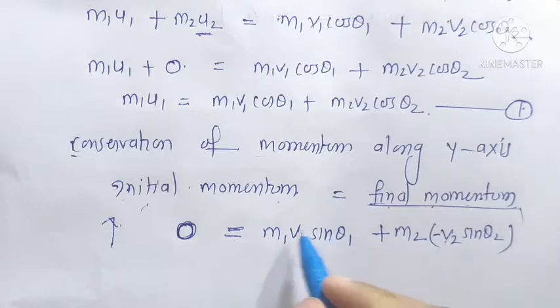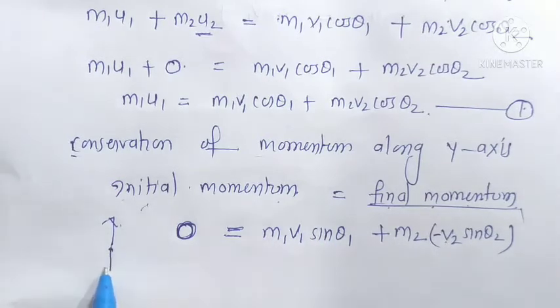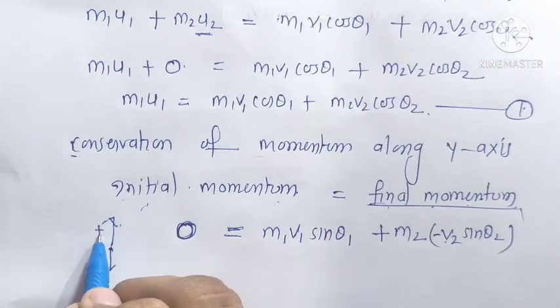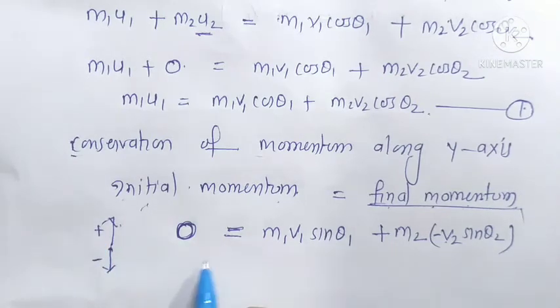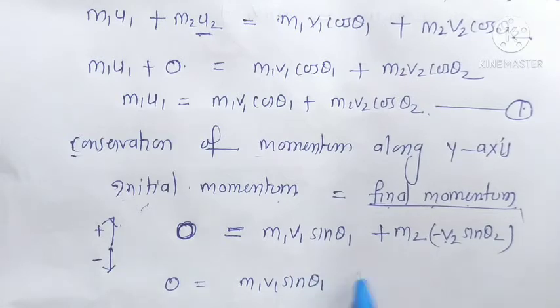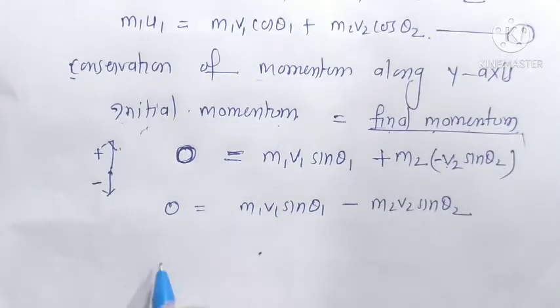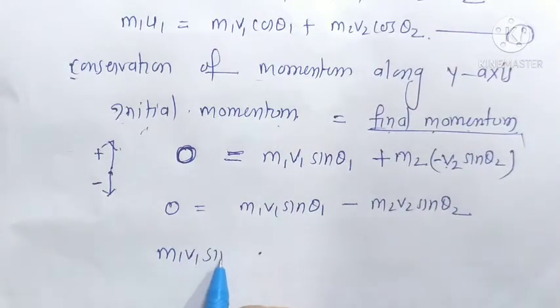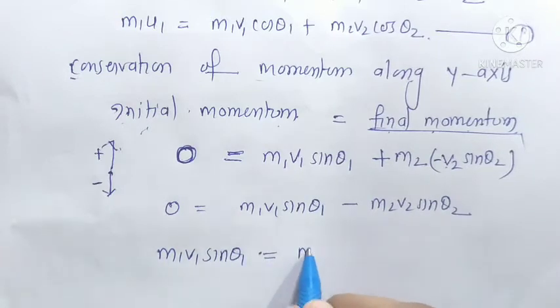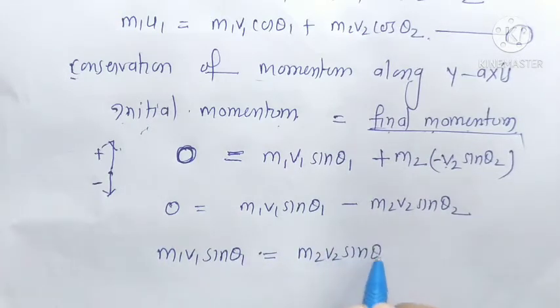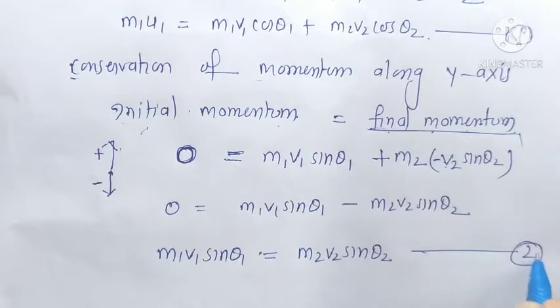Taking this as positive and that as negative, 0 is equal to m1 v1 sin theta 1 minus m2 v2 sin theta 2, and finally m1 v1 sin theta 1 is equal to m2 v2 sin theta 2. We give it equation number 2.